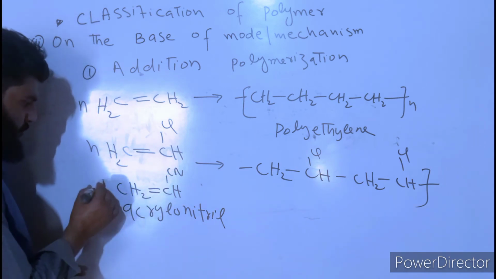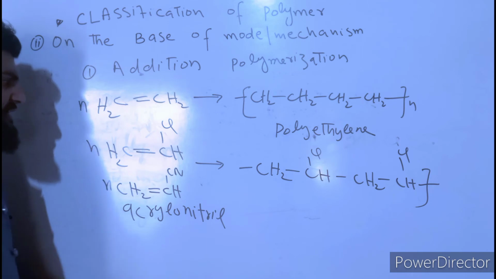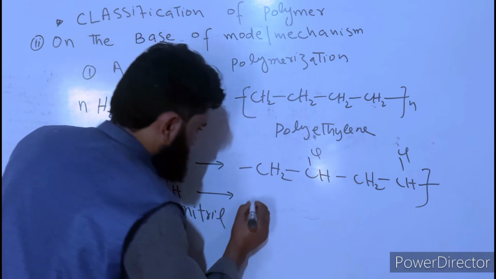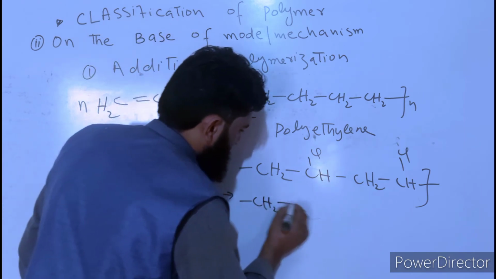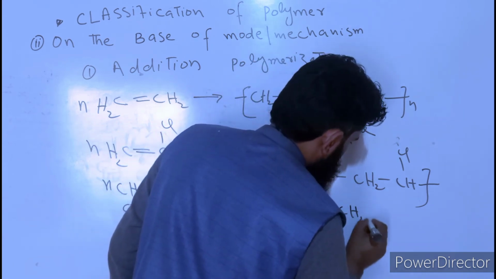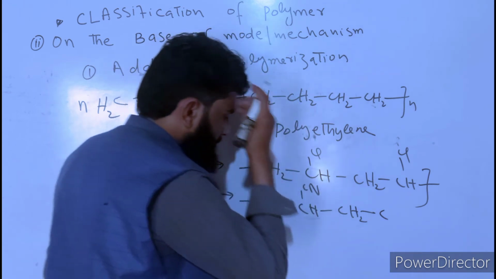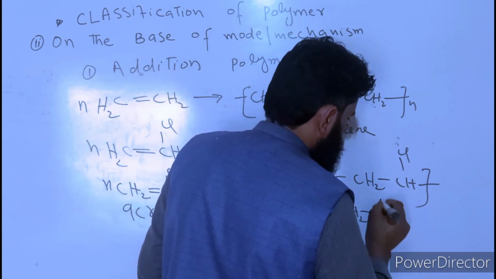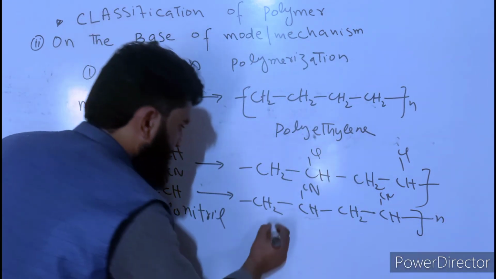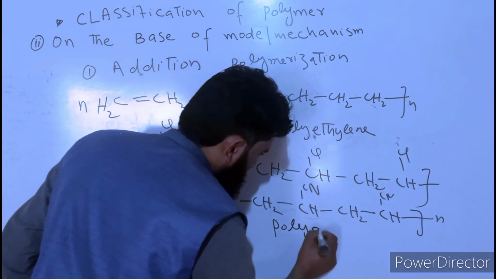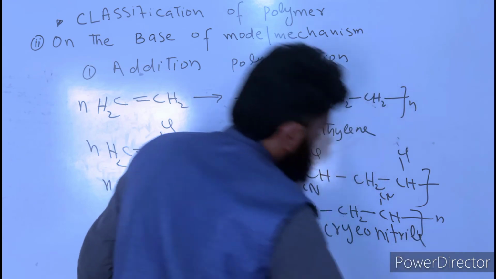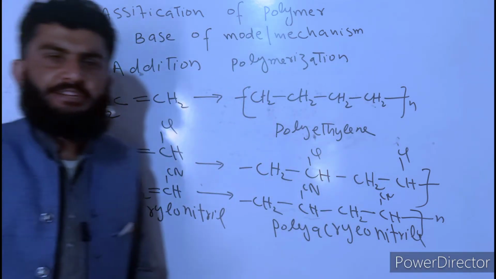When n molecules of acrylonitrile combine, they form polyacrylonitrile as CH2 single bond CH CN and CH2 CH CN and so on. So this is polyacrylonitrile. So this is also formed by the addition way.